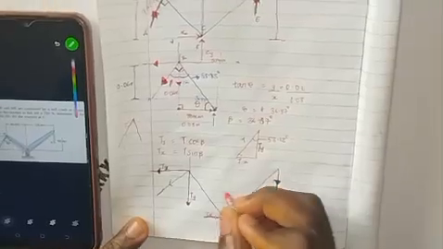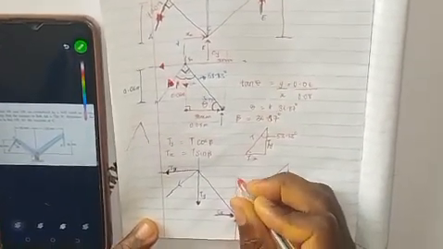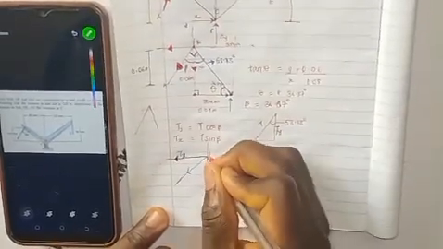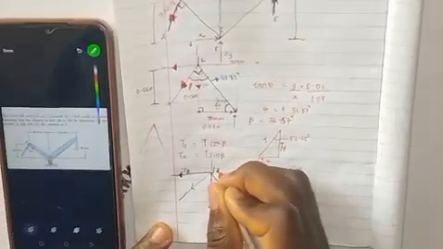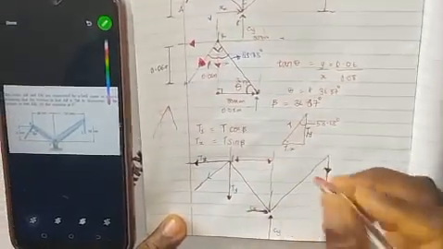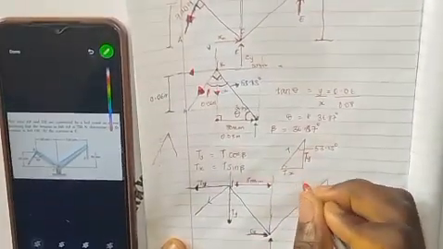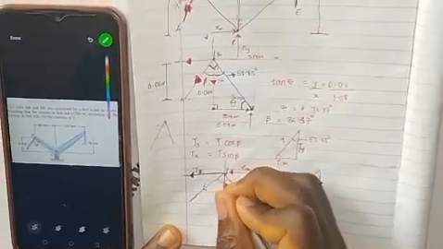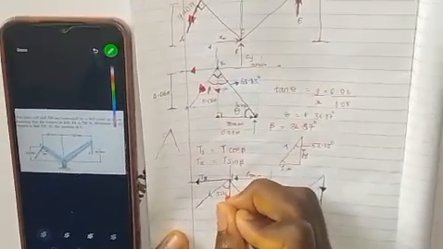Then we have this, which we actually split into this. So that means we already know from here to here is 80 millimeter. Then we know here is 53.13 degree.